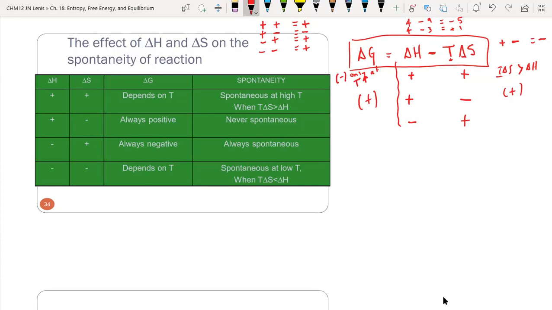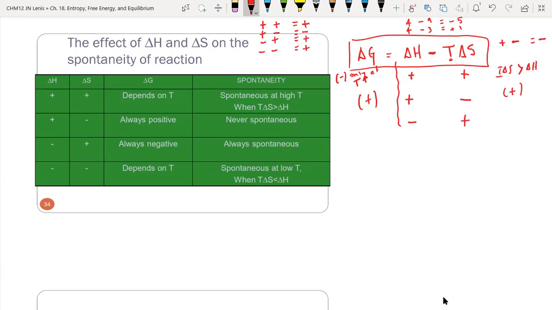So what about the combination of signs here? This is negative times positive equals negative.